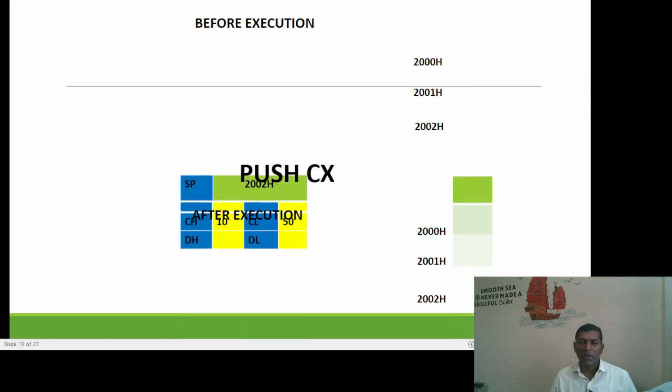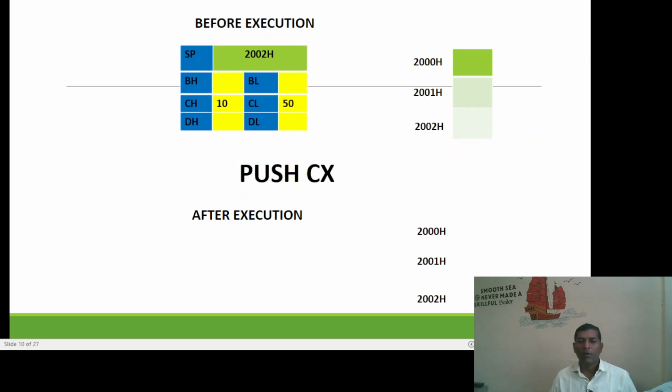This is an example of a PUSH CX instruction. The SP, stack pointer, is currently pointing to the 2002H location. So this is the memory known as the stack data structure. Currently the stack pointer is pointing to 2002H.